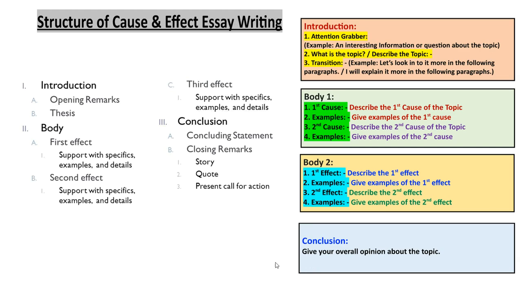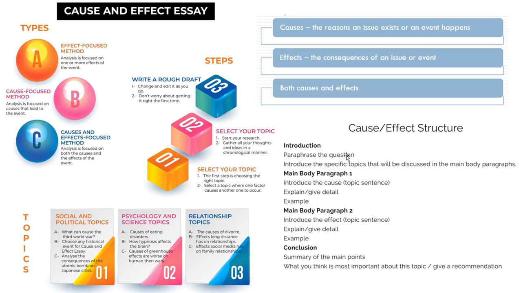In the introduction, paraphrase the question, identify the problem in a real situation, then introduce the specific topics that will be discussed in the main body paragraphs. You may require one or two paragraphs to discuss your problem.